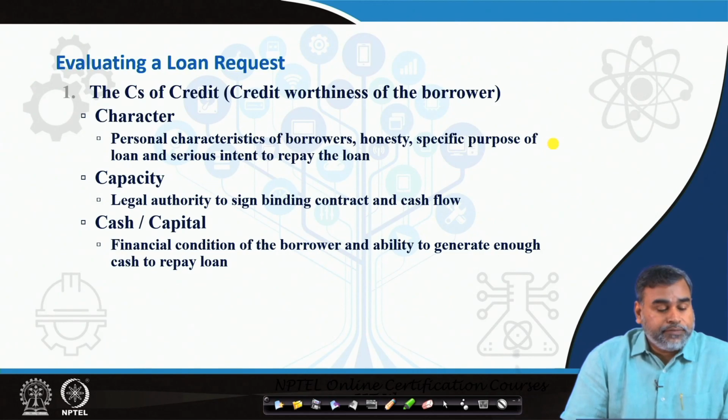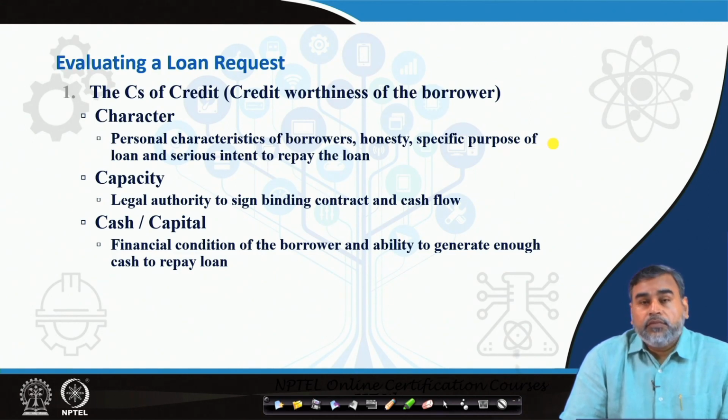Cash or the capital, that means it shows the financial condition of the borrower and also the ability to generate enough cash flow to repay the loan. So, it is about the availability of money or cash, mostly financial factors only.